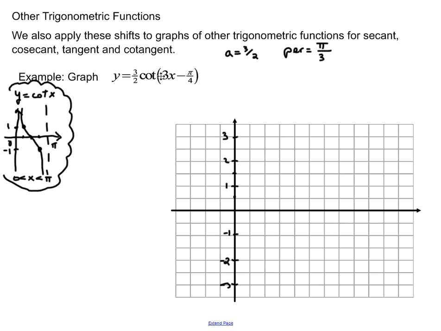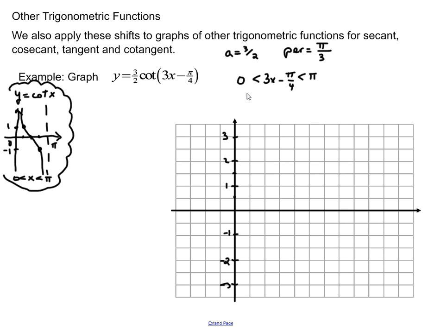I'm going to take this entire argument, 3x minus pi over 4, and put it between the natural asymptotes for cotangent, which are at 0 and pi. And I'm going to solve that inequality. To solve this inequality, I would have to add pi over 4 to both sides.